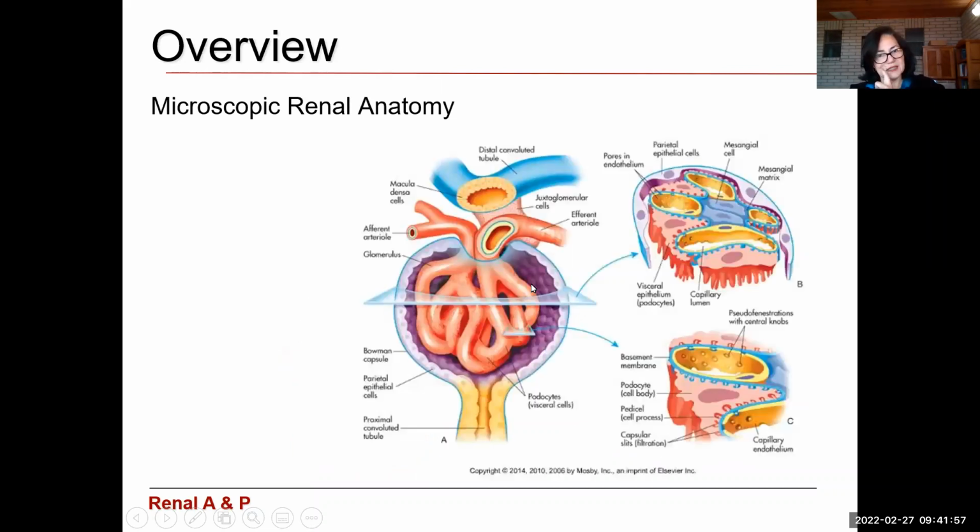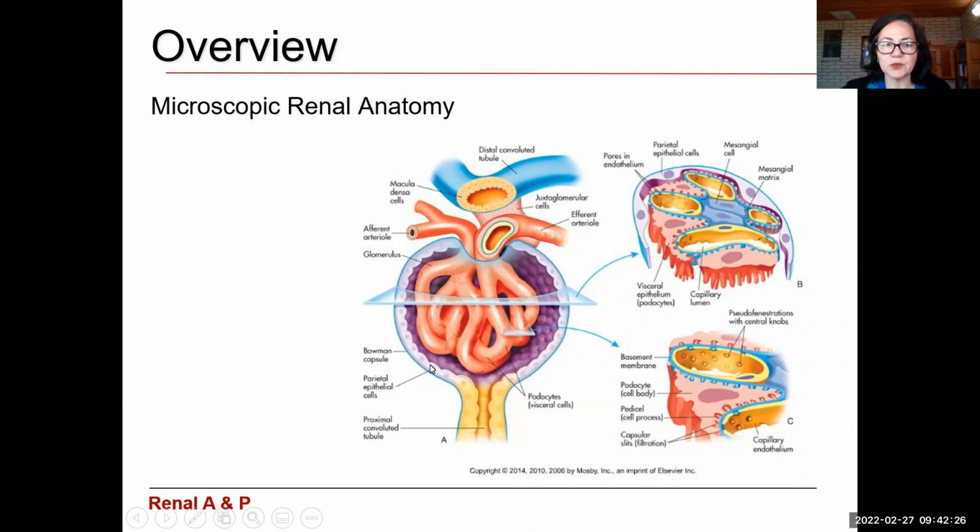All right, this is a diagram that's similar to one that's in your textbook, showing you a close-up of the glomerulus. This is the ball of capillaries, and then there's this capsule around the ball of capillaries.